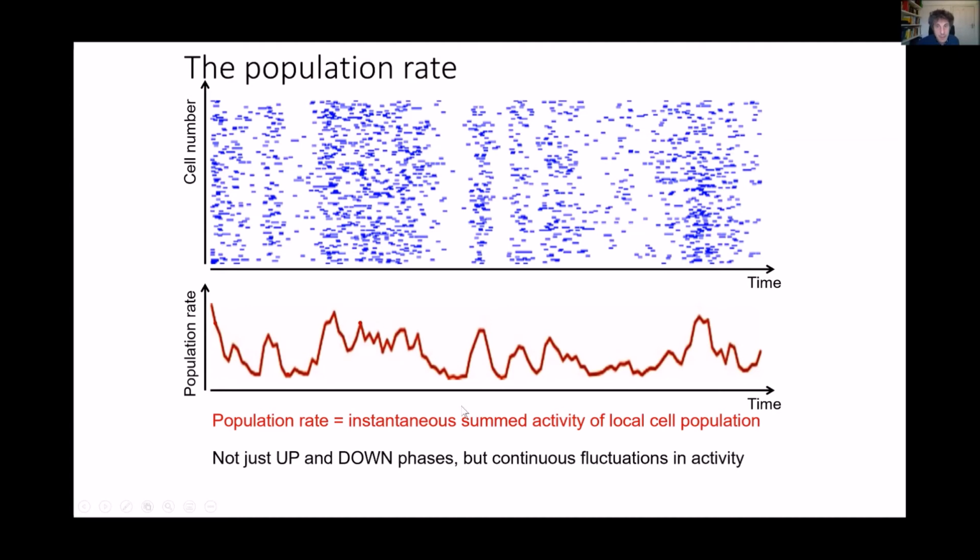And you can see here for this hypothetical data, we've got these fluctuations in activity. And you hear about up and down states or up and down phases. It's really more complicated than that, because it's not that there's a frank bimodality here. You just have various grades of correlated fluctuation in the population, which gives you this change in the population rate.